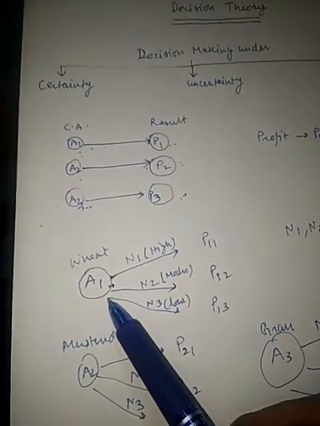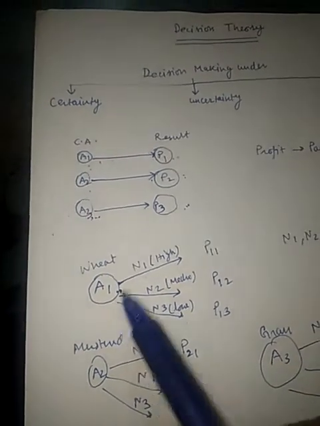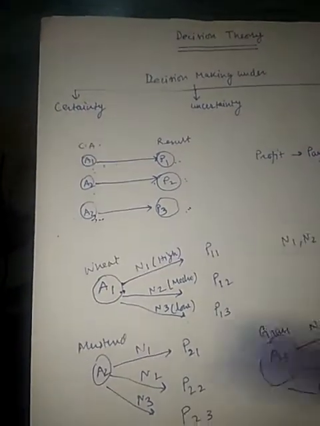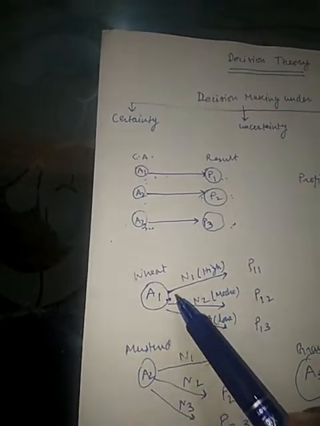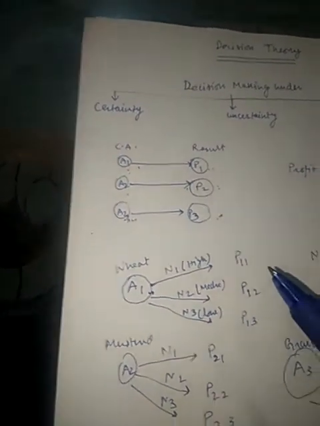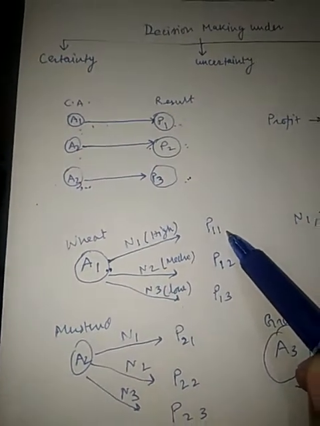Now the second decision making situation is where you have alternatives, a particular course of action, and it is subjected to some other factors that are known as states of nature. A particular course of action and a particular state of nature combination brings a particular result, a particular payoff.